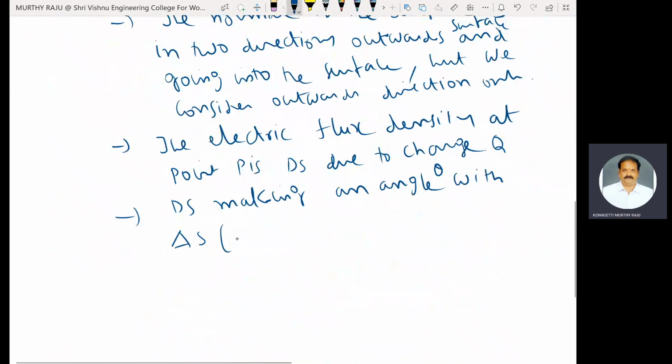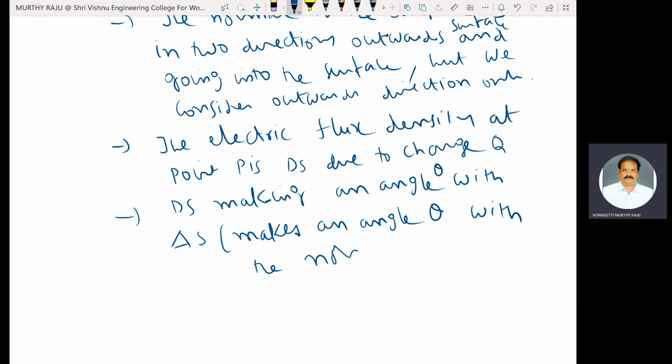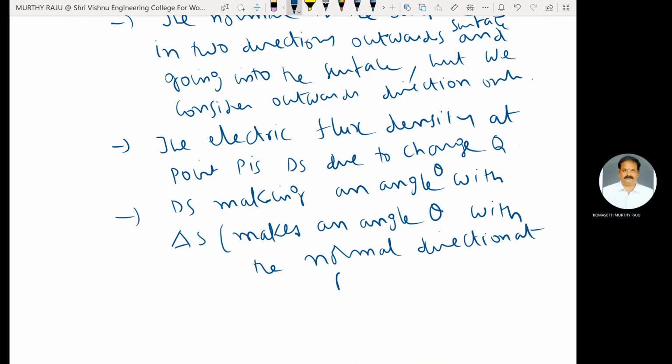That means D_s makes an angle theta with the normal direction at point P.